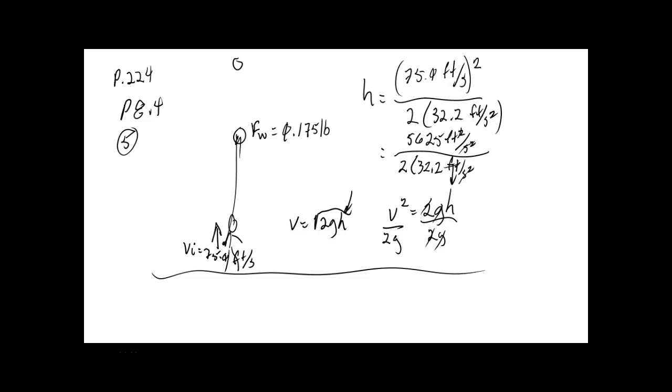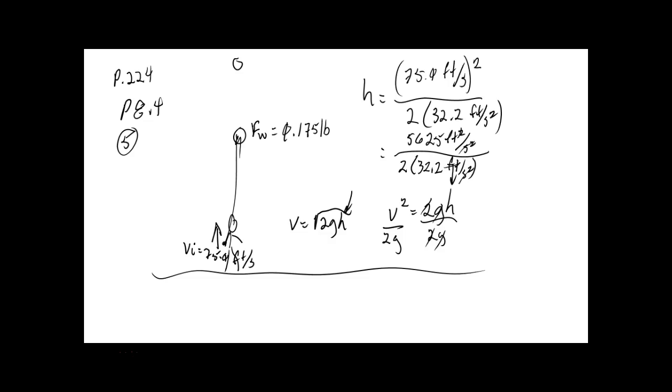So do your 5625. Divide it by 2, or divide it by 64.4. That's 2 times 32.2. 43.6.